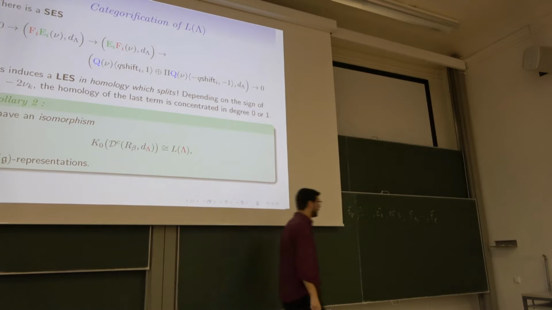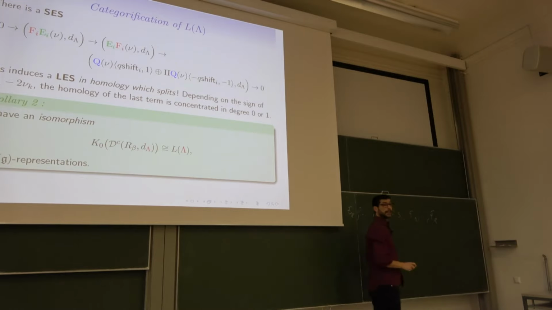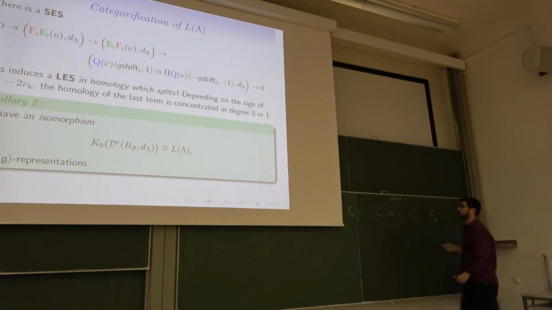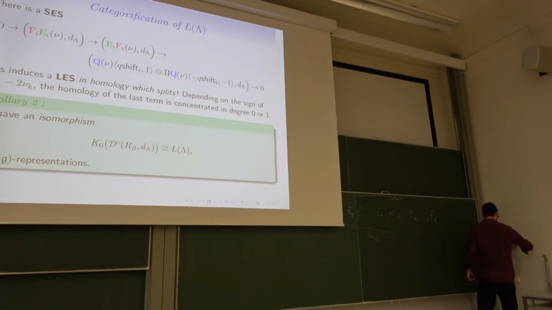So the part generated by the Ks, this is Cartan. Ks and Es, it's Borel. And then we have the whole algebra.